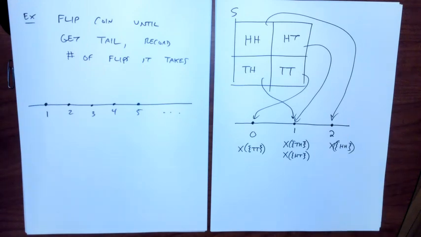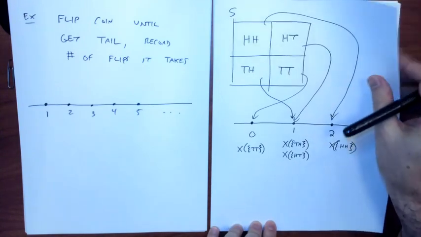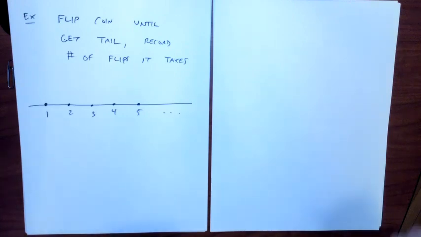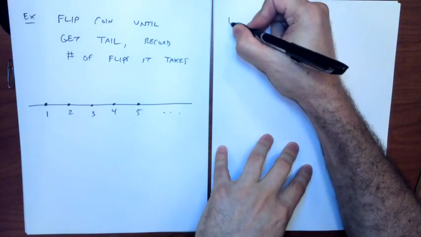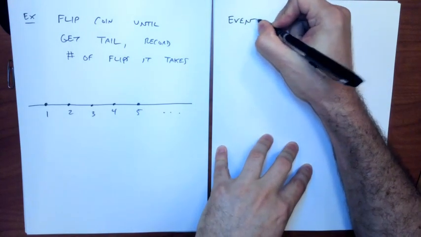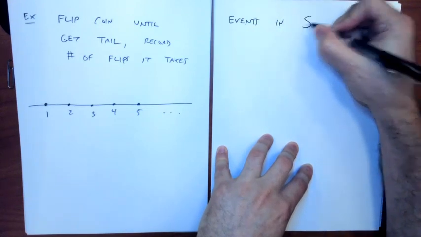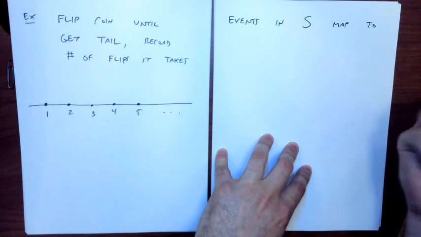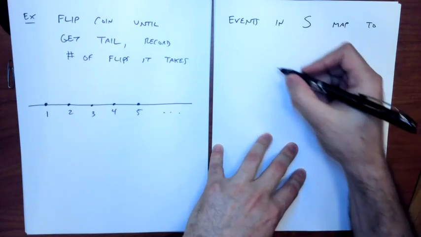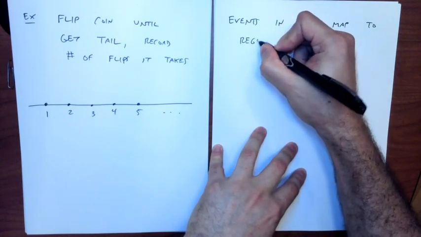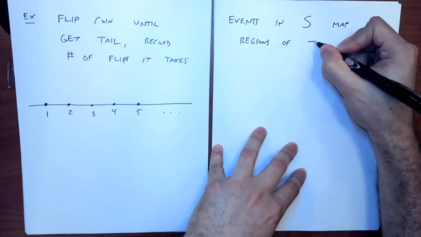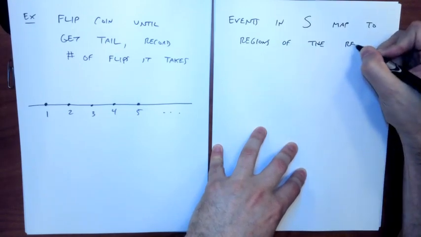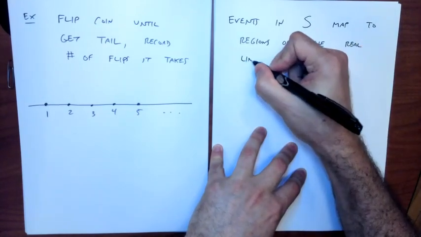So we have been talking about events so far. So we can say events in the original sample space map to regions of the real line, right?